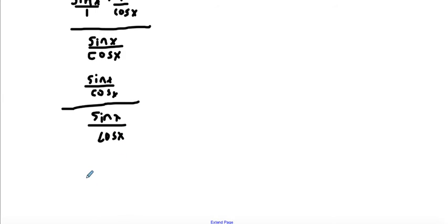Oh yeah, I got a fraction divided by a fraction. So I could just go ahead and go, oh yeah, sine x over cosine x times the reciprocal of what's down in the denominator.